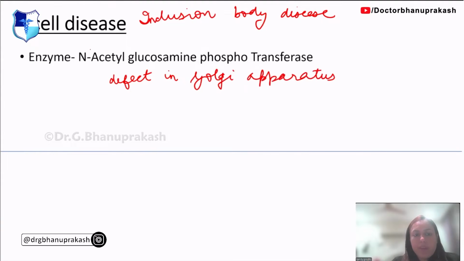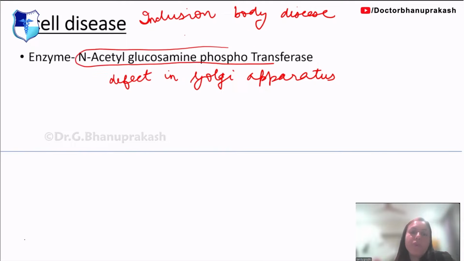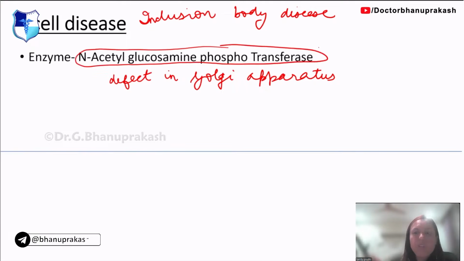The enzyme affected is N-acetylglucosamine phosphotransferase. Yes, you need to cram this name of the enzyme. You can do it. Little bit of cramming you can do. Mostly Biochem is conceptual. So yeah, this is NAGP transferase. You can say in short, NAGP transferase.